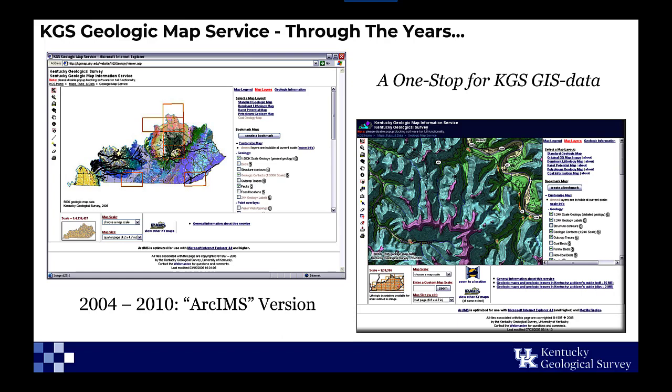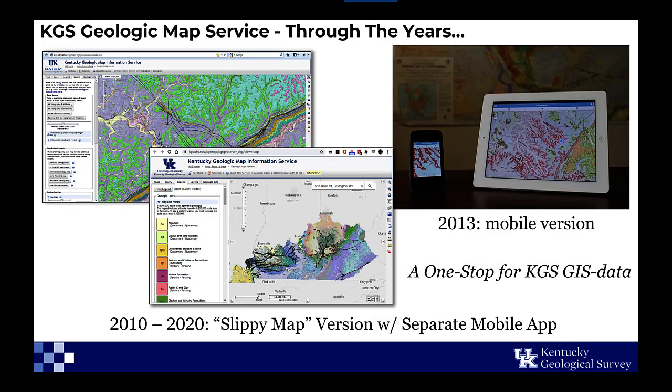But a lot of our users don't have GIS software. And so this was really the only way they could display and query and look at this data, especially within context of each other. So we stood that ArcIMS service up until 2010. And then in 2010, ArcIMS went away.